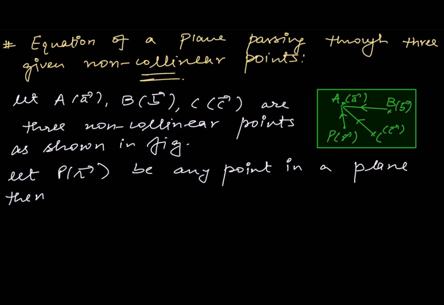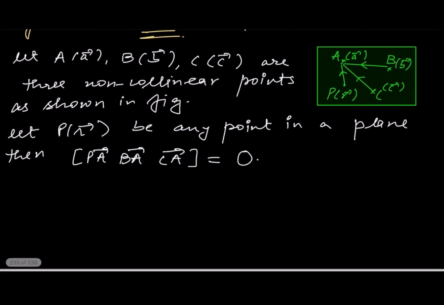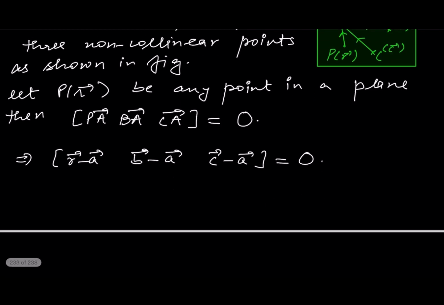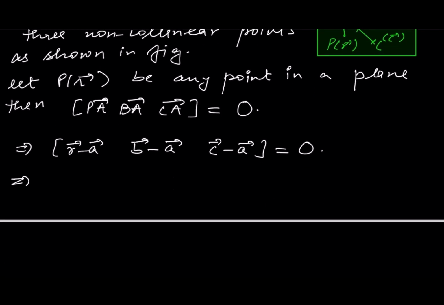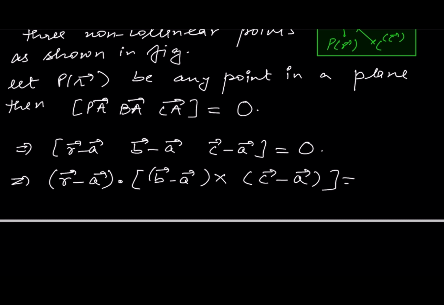So the box of PA vector, BA vector, CA vector is 0, because these three vectors are coplanar vectors. Or box of R minus A, B minus A, C minus A is 0. Or R minus A dot B minus A cross C minus A is 0.